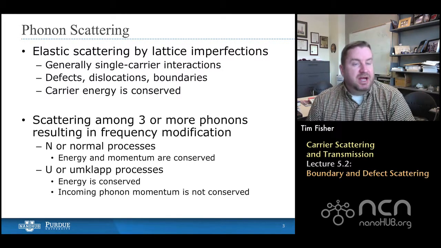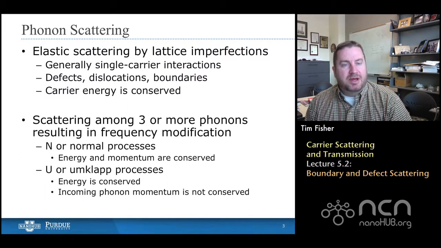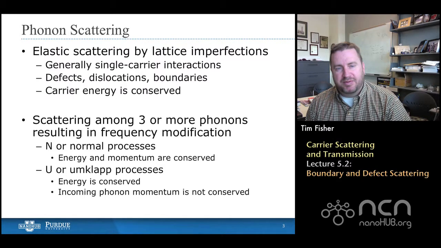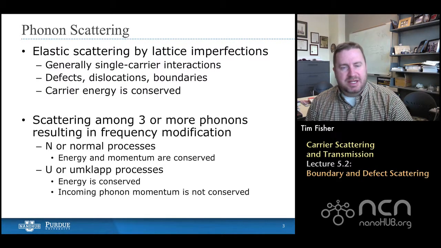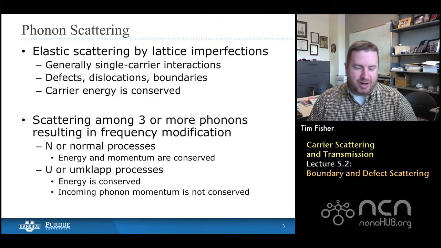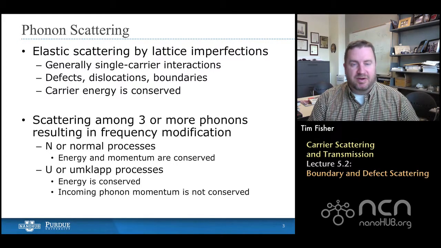So phonon scattering is actually very complicated in general. We're going to talk mainly about two types. We'll talk today a little bit about elastic scattering by boundaries and lattice imperfections, if you can think of a boundary as a lattice imperfection. And generally, those will be single carrier types of scattering events. So I'm interested in how the carrier is moving, what its energy is, its direction before the scattering event and after.